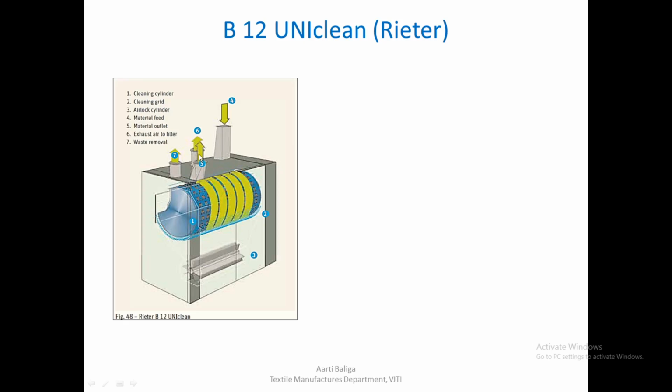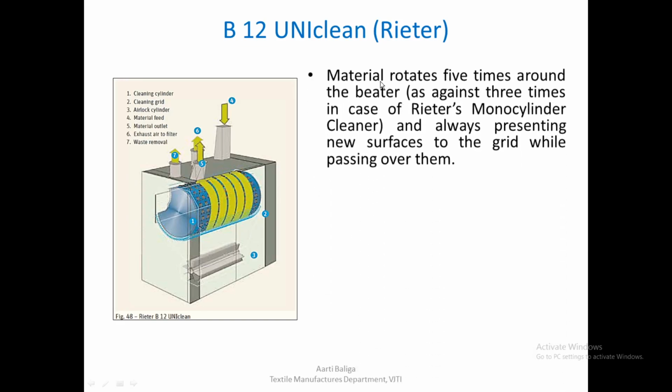Then 6 is the exhaust air to the filter. So whatever suction is happening in this particular beater is going to the filter. And 7 is another outlet or exit for waste removal. So with this understanding of the basic working of the machine, let us see how it works.